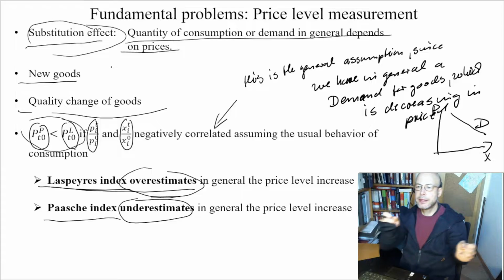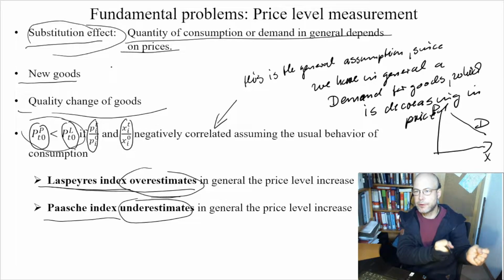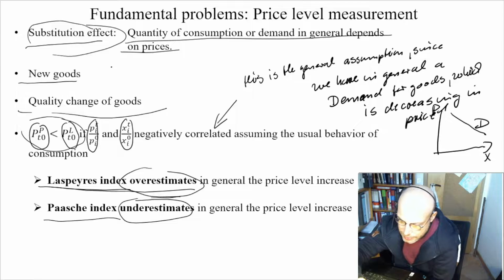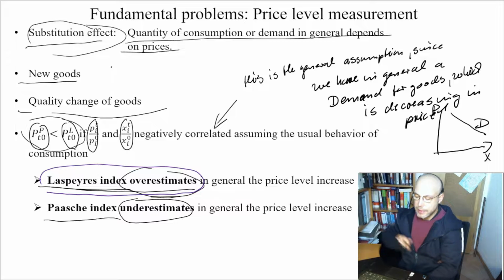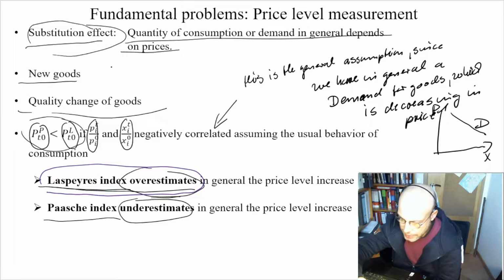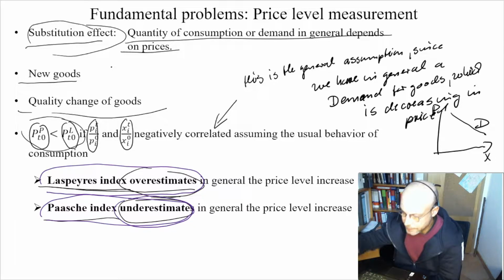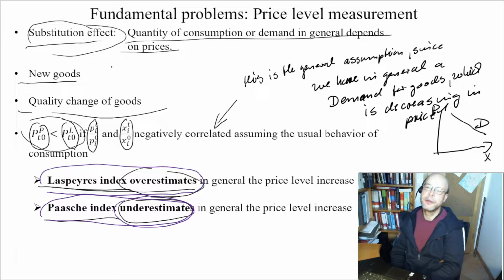Since we come from the past, we can say that in general, with the Laspeyres index, we will overestimate the general increase in the price level, while we should not be surprised that when we calculate the price level with the Paasche index, we will underestimate the increase of the price level.